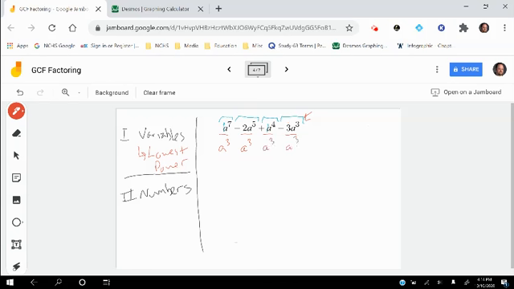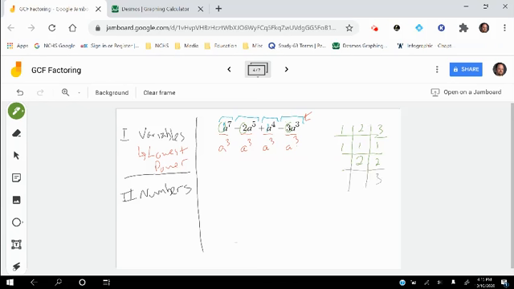Now I look at my numbers. When I look at the numbers, I have 1, 2, and 3. 1 only has 1 in it, 2 has 1 and 2, 3 has 1, 2, and 3.